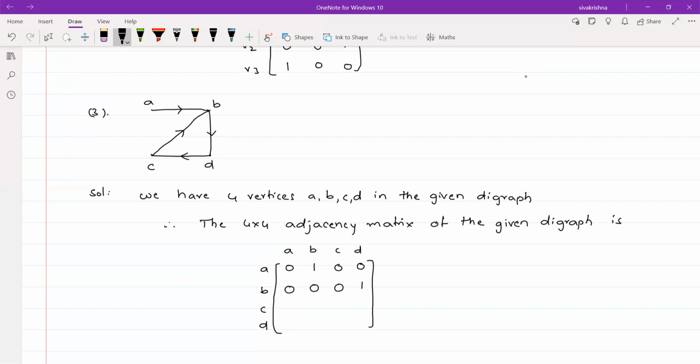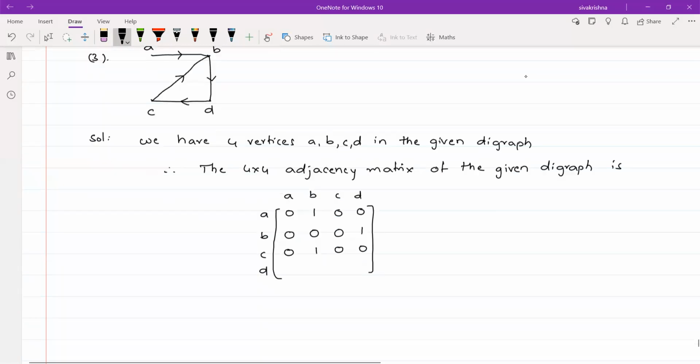Okay, right. Coming to the third row, from C to A, we are not having any edge, so that we have to write 0. From C to B, yes, we are having an edge from C passing towards B, so that we have to write 1. From C to C also we are not having, and also from C to D we are not having, so that we have to write zeros.